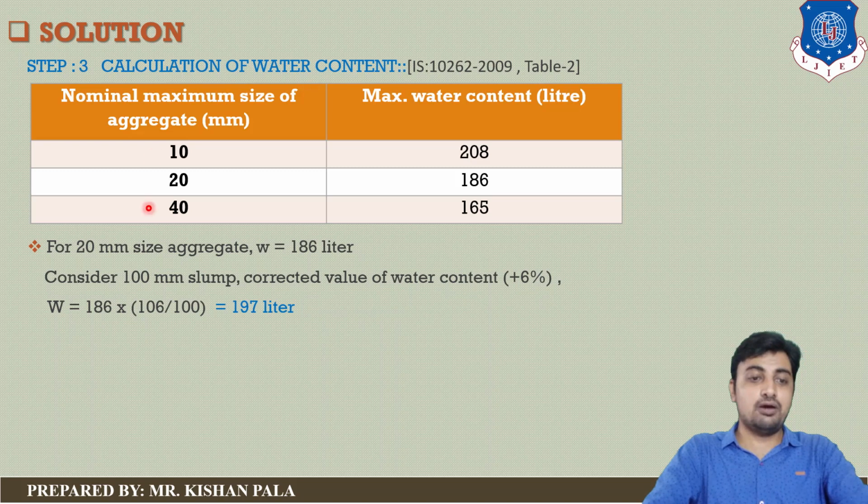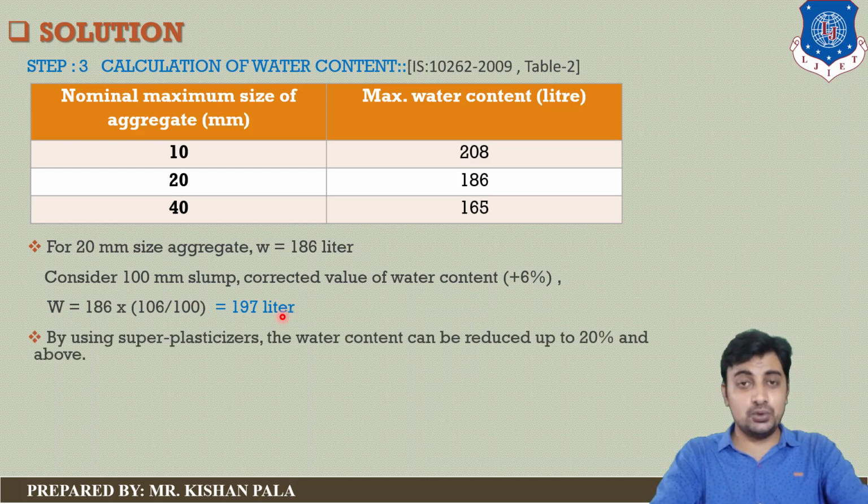We have taken 186 liters from this table, but this value is for 50 mm slump, and we have to correct it for 100 mm slump. So we add 6%, which means 106 divided by 100, and our value is 197 liters of water.